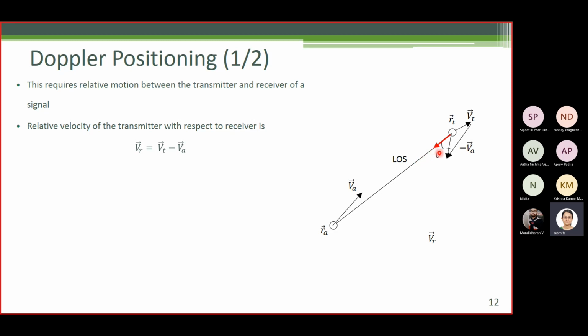What will be the projection of this relative velocity on the line of sight? Let's say the angle is theta. This is V small r. The projection of V small r onto this line of sight will be Vr cos theta, correct?